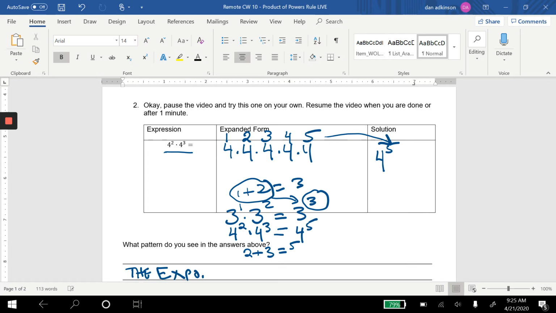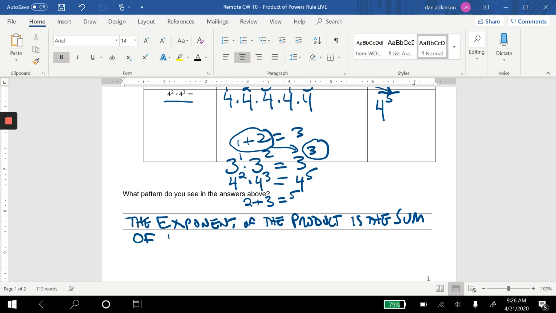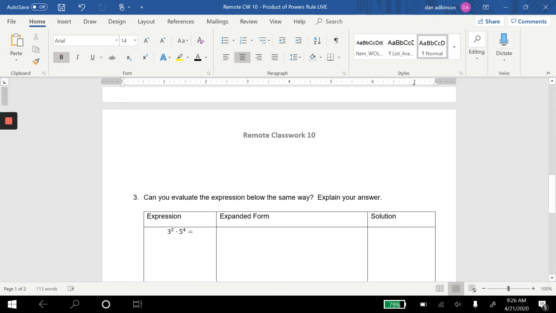The exponent of the product, that's the result, is the sum of the exponents of the factors. Those are the two things that are multiplied together. All right? So let's try it on one more.